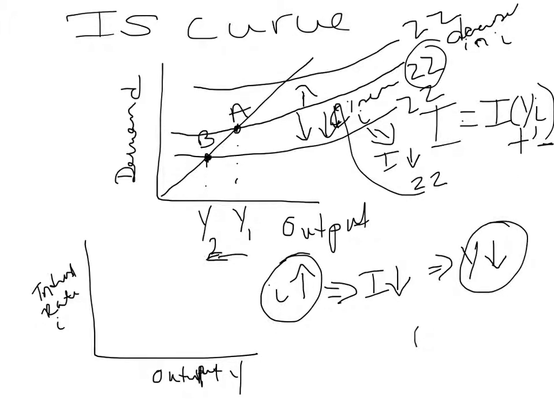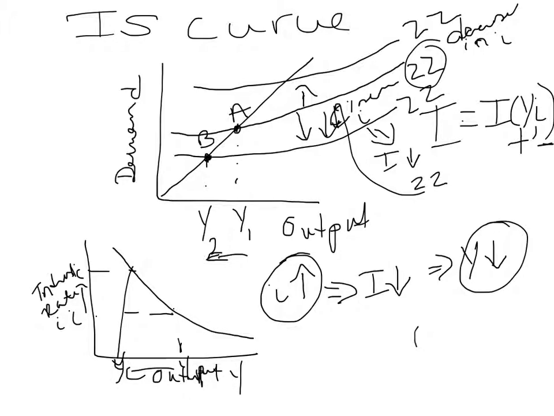So to draw this IS curve here, which is basically, IS is the equilibrium in the goods market, the IS curve will have to be downward sloping. So for the interest rate, if the interest rate in this situation goes up, the output goes down.